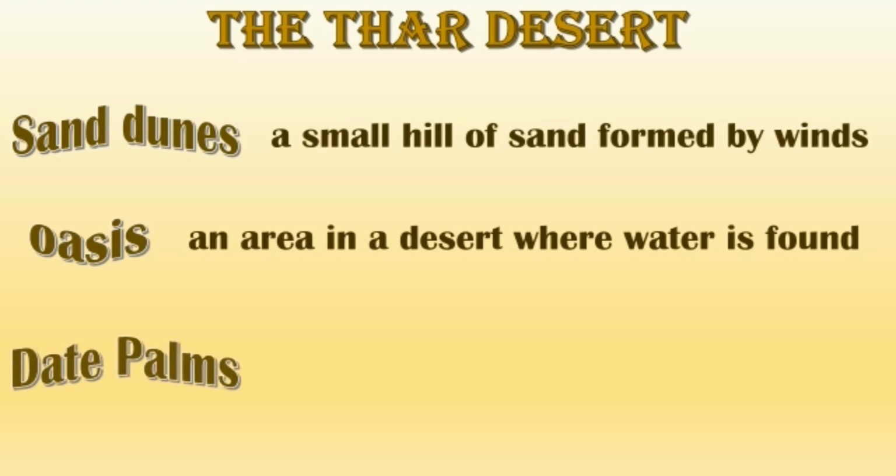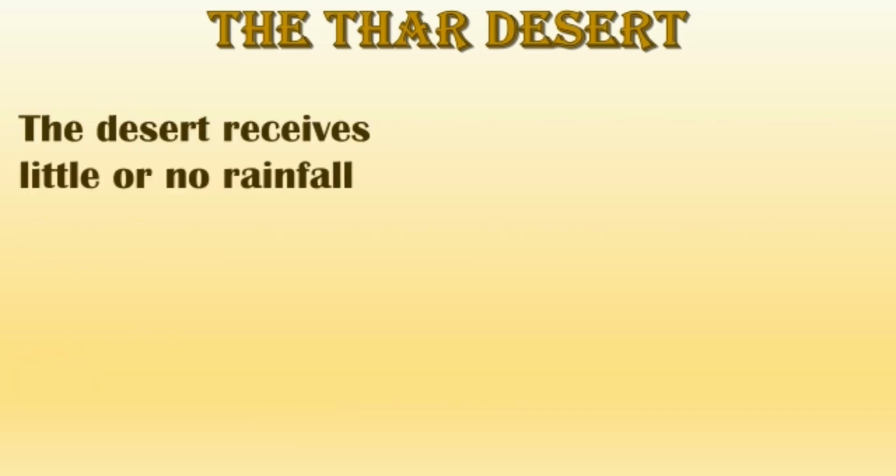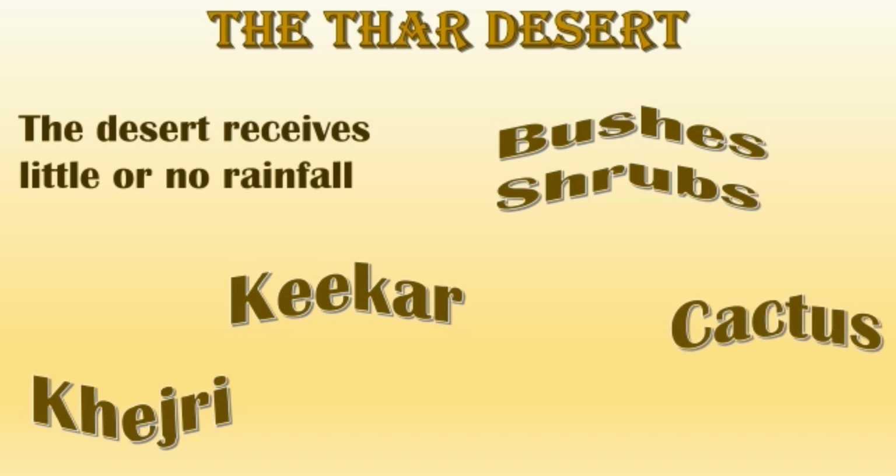Date palms grow around oases as the soil around them is fertile. As the desert receives little or no rainfall, the vegetation mainly consists of bushes and shrubs. Some plants that grow in the desert are khejri, kikar, cactus and babul.